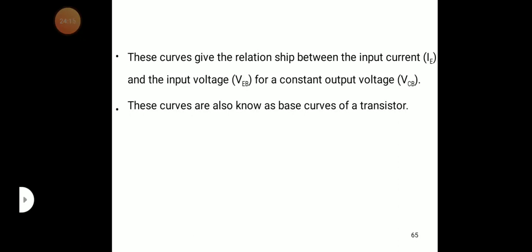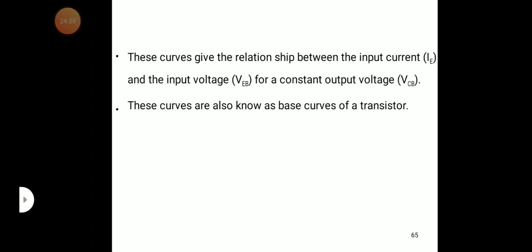The meaning is, in order to study the input behavior, we need to make the output constant, so that whatever change occurs on the input side is because of our applied voltage change. Otherwise it may be influenced by the output voltage. That's why we make the output constant.